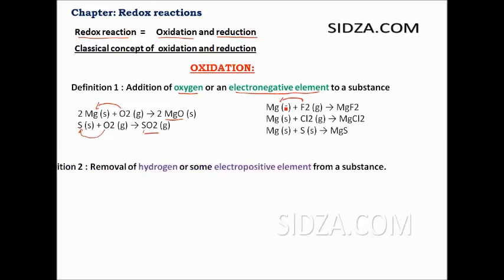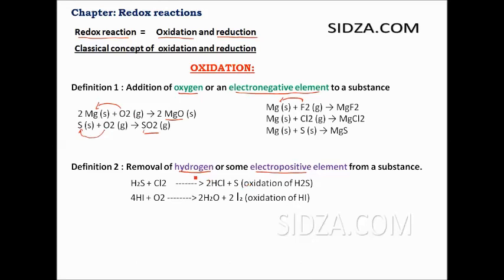Another definition of oxidation is removal of hydrogen. If you remove the hydrogen, that's also oxidation. If you remove not only hydrogen but any electropositive element, that is again oxidation. So let's take an example here. H2S, let's remove the hydrogen.